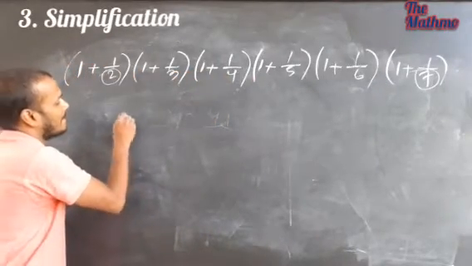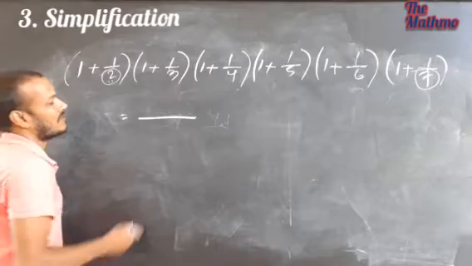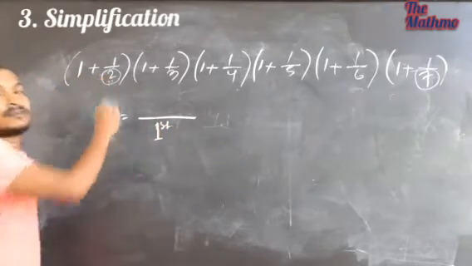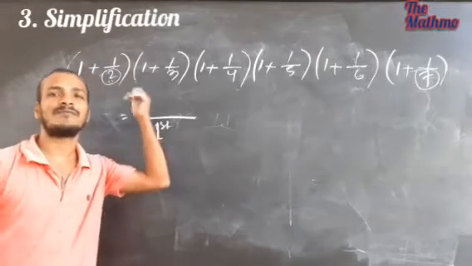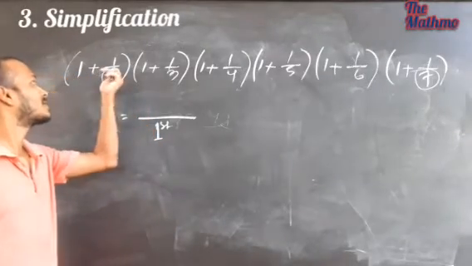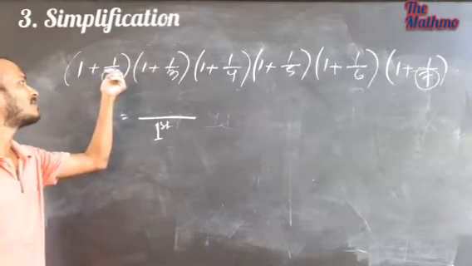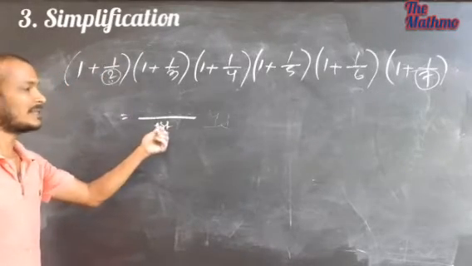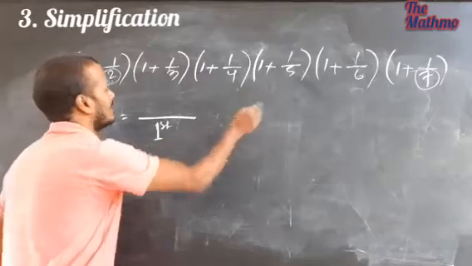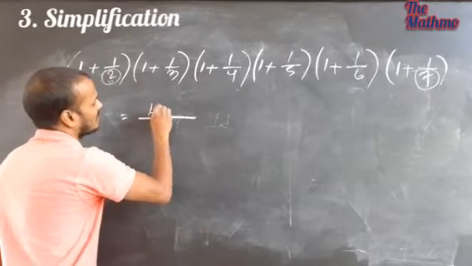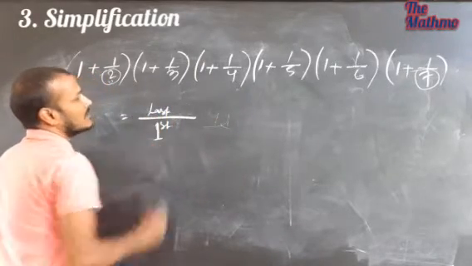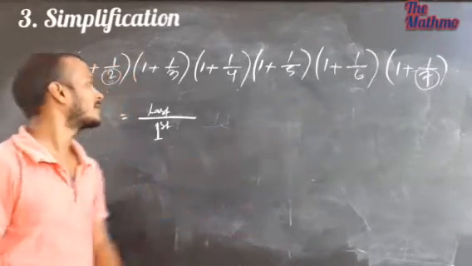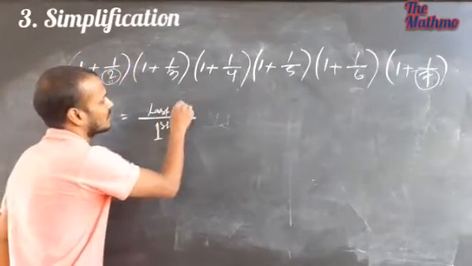You write the first term here, the denominator of the first fractional part, and then the denominator of the last fractional part plus 1.